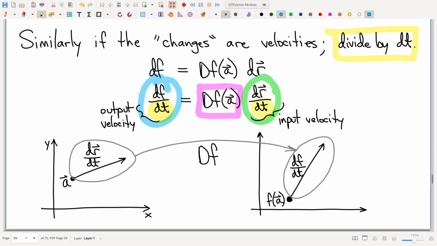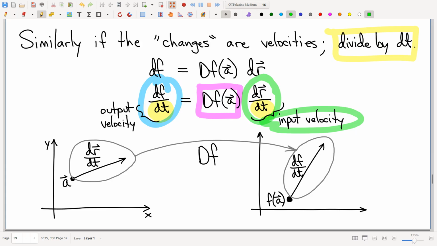And I'm going to make a case coming up in just a moment here. But for the moment, I'm going to appeal to your kind of flashback memories of how to interpret derivatives back in Calc 1. The derivative of position is velocity. And so I'm going to think of this then as the input velocity.